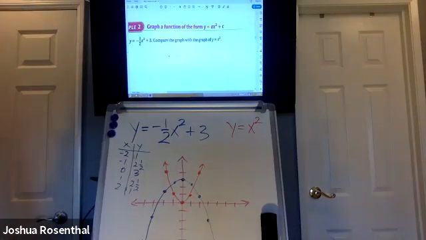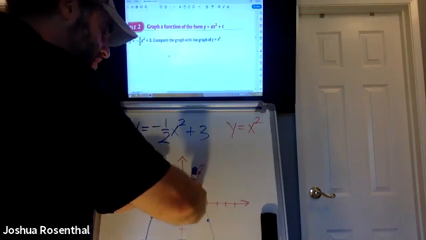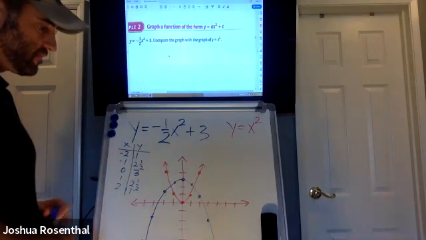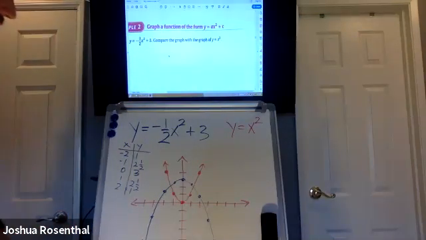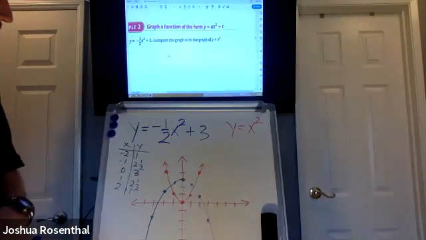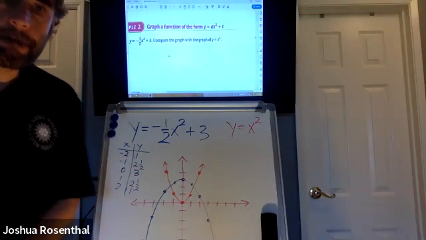Okay? You can see what happened. It's not as tight. It's stretched out. It's horizontally stretched out. And flipped upside down because of the negative, and the vertex was bumped up. Questions about that?